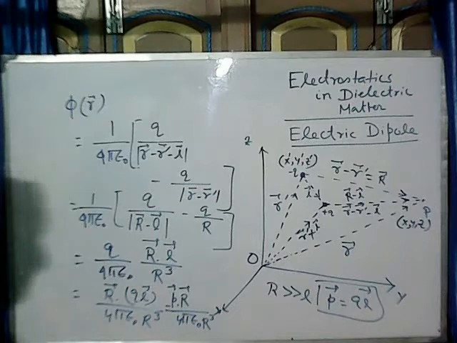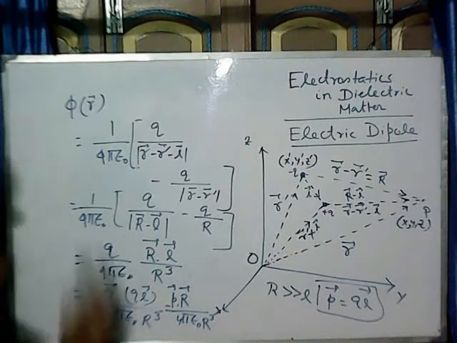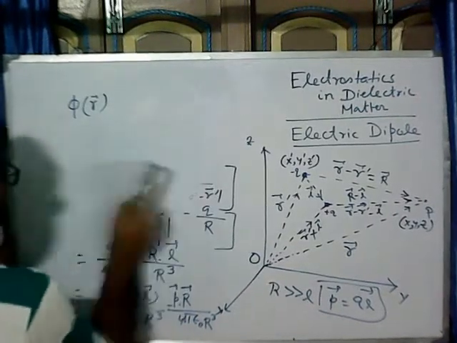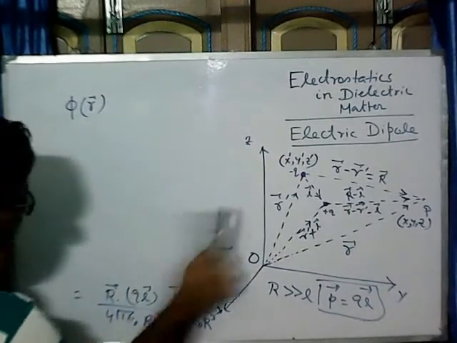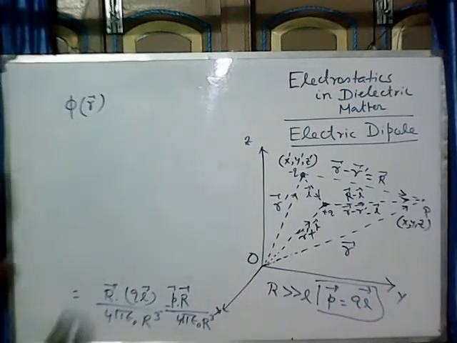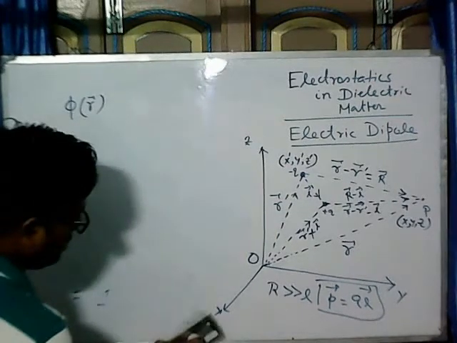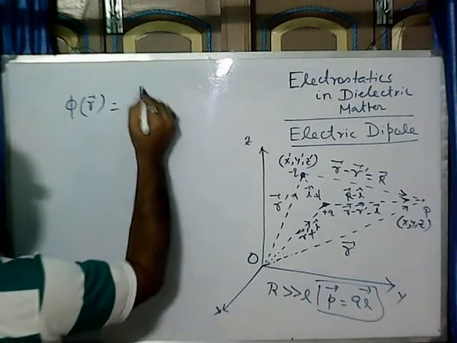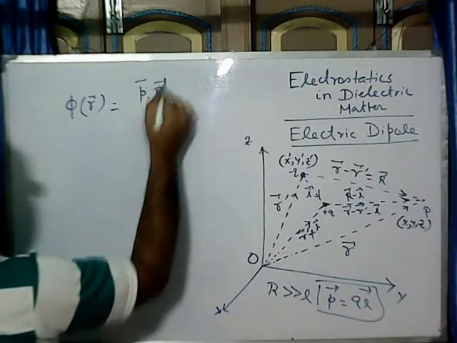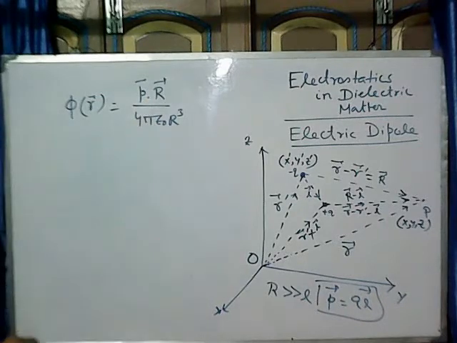Now here we will write it in a slightly different form. So we got p dot r by 4 pi epsilon naught r cube.